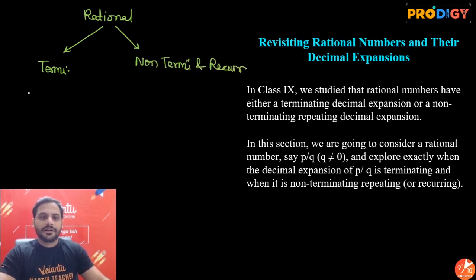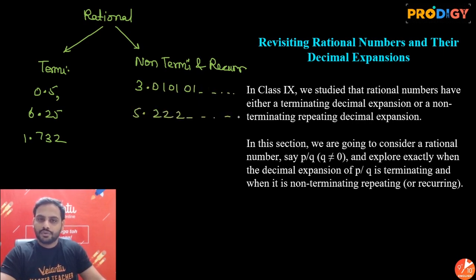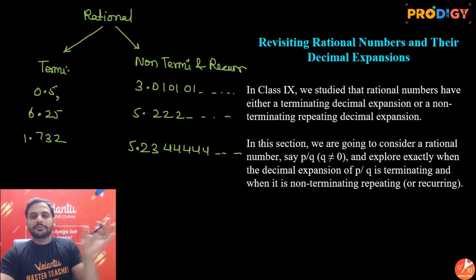Terminating is for example 0.5, 6.25, 1.732. Non-terminating and recurring means suppose 3.010101, now it is repeating itself, or 5.22222, or 5.2344444. So like this, something is repeating itself again and again.